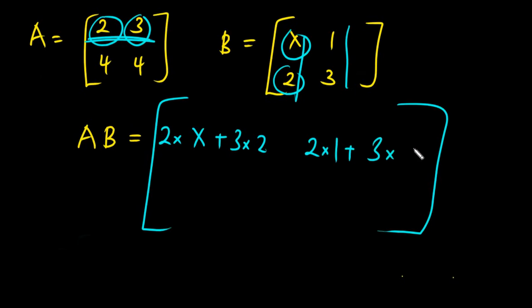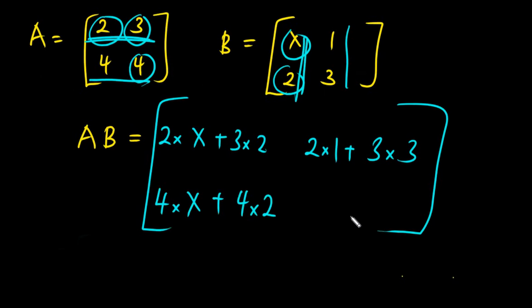The element of the second row and first column is 4 times x plus 4 times 2. The last element, the second row and second column, is 4 times 1 plus 4 times 3.